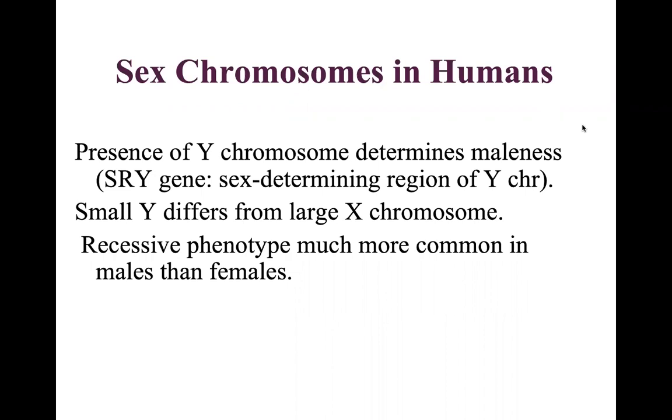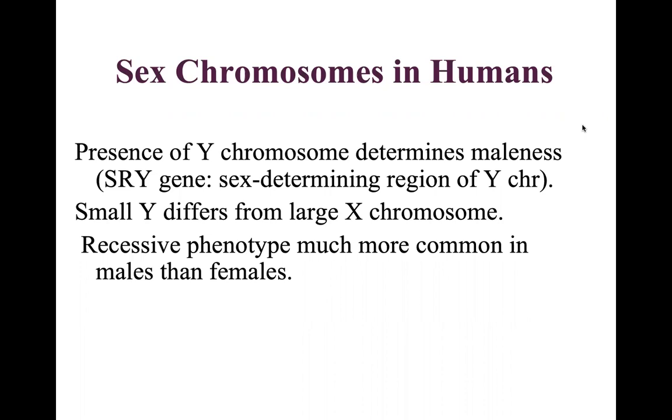Okay, as I said before, with humans it's a little bit different with regard to the determinants of sex. With regard to biological sex, it really is the presence of the Y chromosome that is going to trigger certain things. And so when we think about biological sex in humans, the default pathway is female.